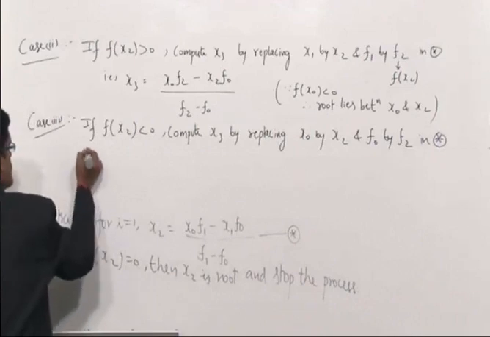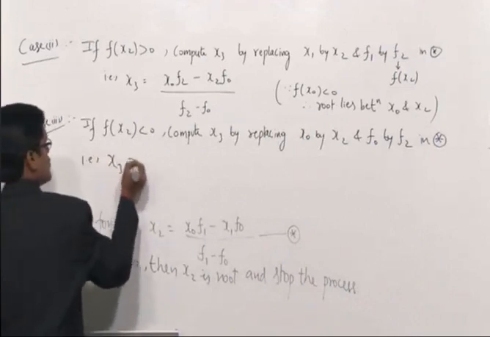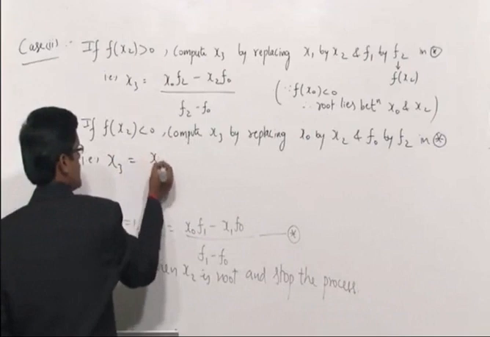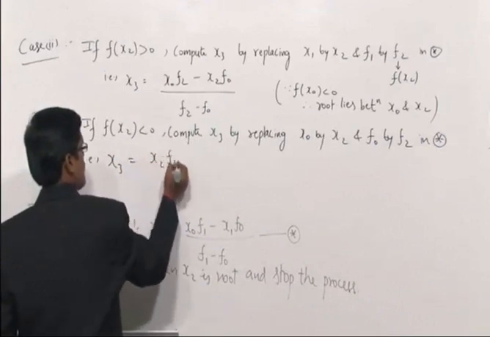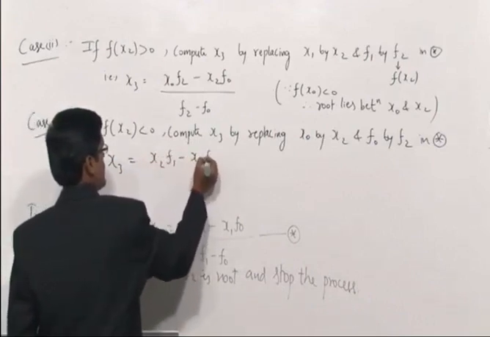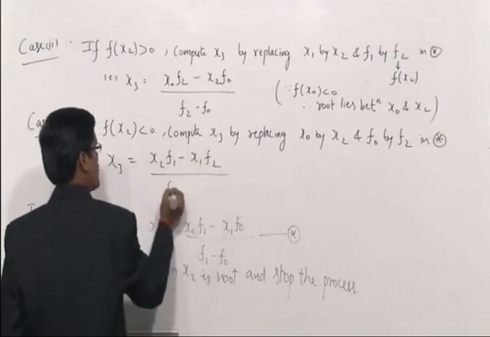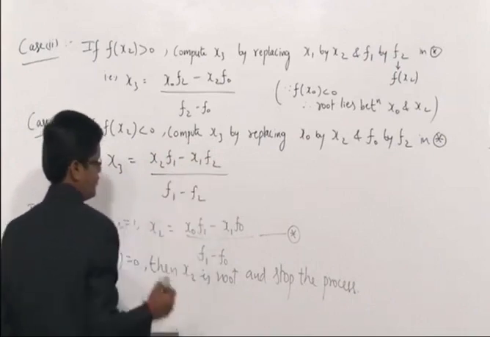That is, x3 = (x2 f1 - x1 f2) / (f1 - f2).